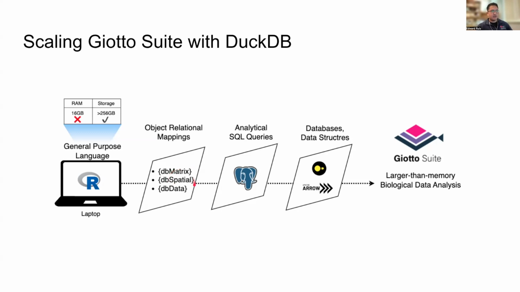And so this database operates through SQL queries that are recognized through DuckDB and can also be converted into Arrow. And so this is the general approach that we're taking to try and address some of the scalability issues that we're facing with Giotto.